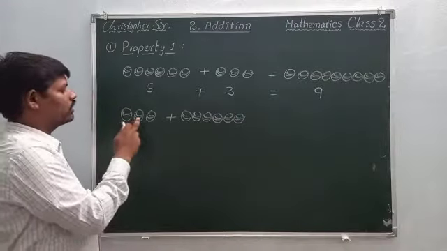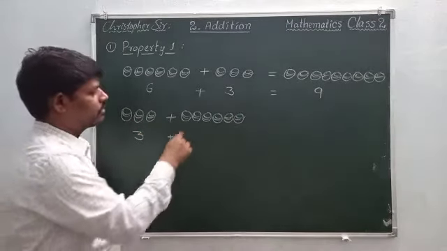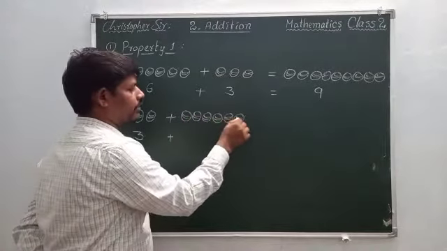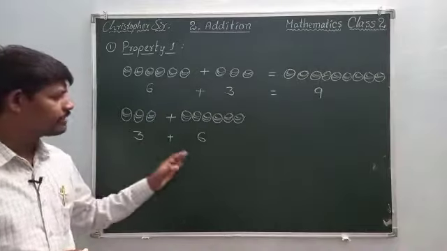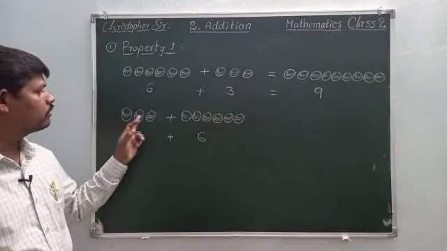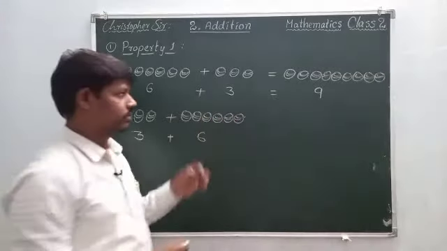Here how many? 1, 2, 3. So write here 3 plus 6. Right, here 6. Okay, 3 plus 6. Now count 1, 2, 3, 4, 5, 6, 7, 8, 9.